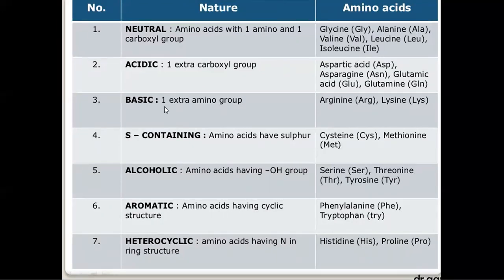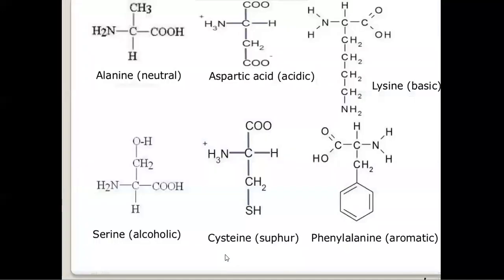Basic amino acids contain one extra amine group. Sulfur containing amino acids have sulfur, like cysteine. Alcoholic amino acids have a hydroxyl group. Some amino acids have aromatic rings and heterocyclic rings. So these are the different types of amino acids: neutral, acidic, basic, alcoholic, sulfur, and aromatic.